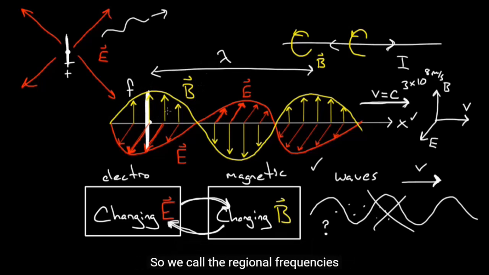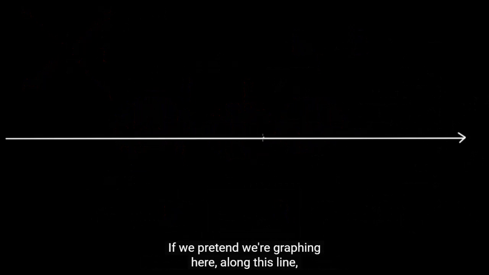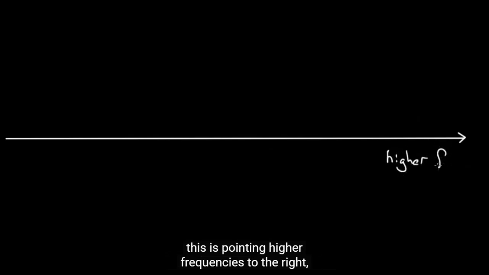So we call the region of frequencies and wavelengths that electromagnetic waves can have the electromagnetic spectrum, and there is a lot to learn about it. Let me just show you really quick. If we pretend we're graphing here, along this line, higher frequency to the right.